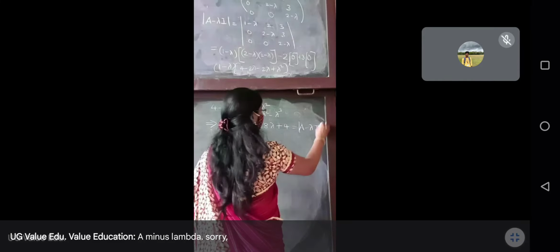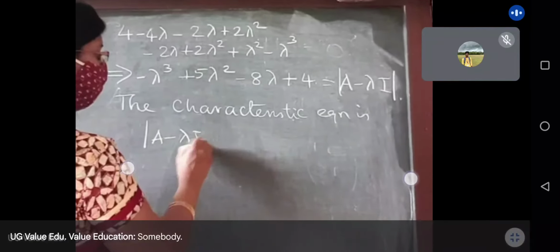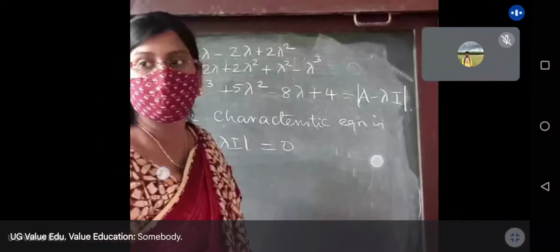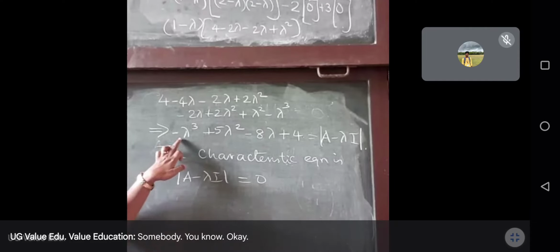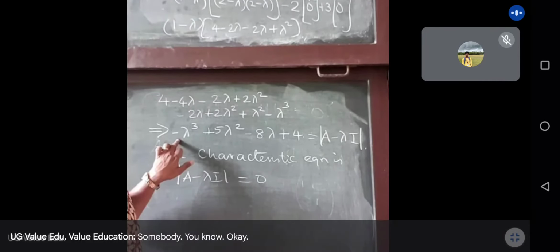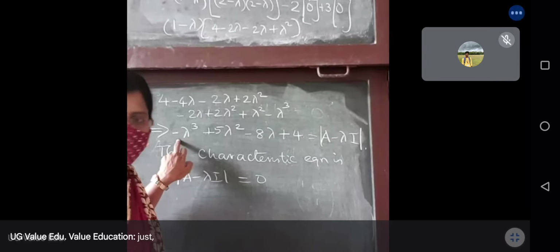This is my A minus lambda I, determinant of A minus lambda I equal to 0 is the characteristic equation. If the first term is negative, we can change the sign of everything. Correct?